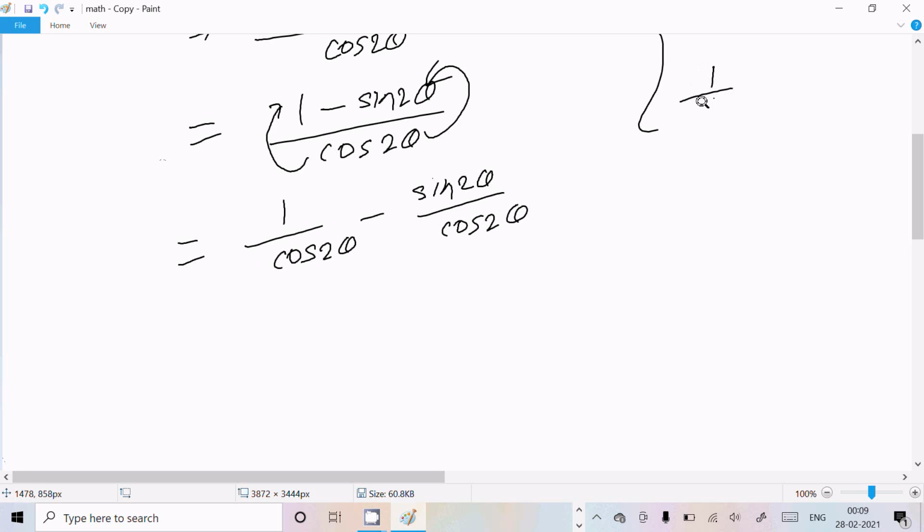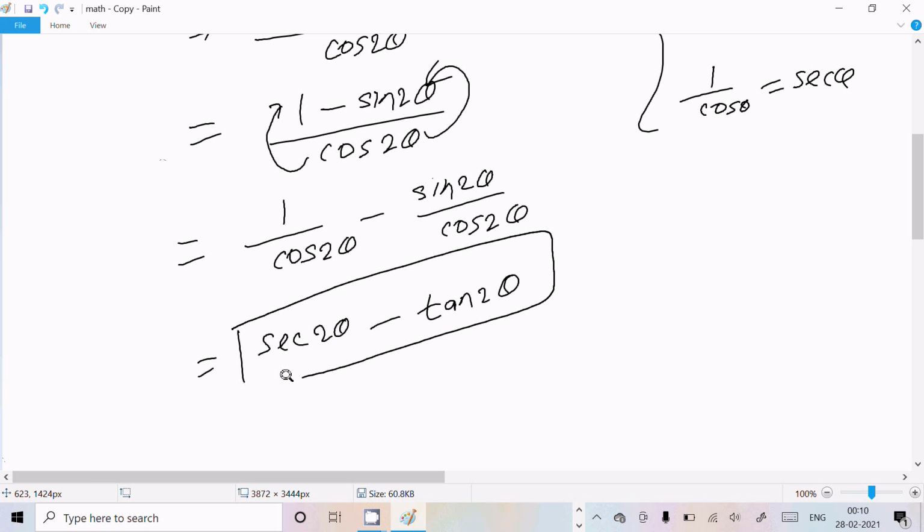You know that 1 by cos theta equals sec theta, so we can write sec 2 theta. Sin by cos we can write as tan, so tan 2 theta. So this is our requirement, finally I got it.